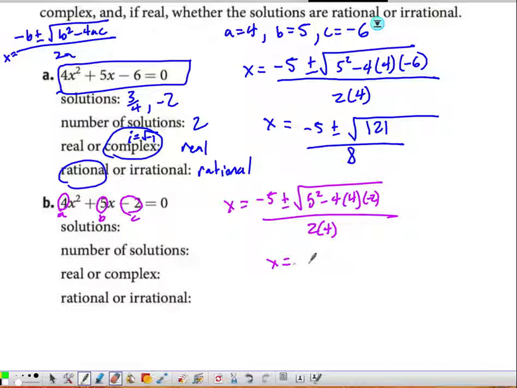Let's go ahead and simplify this. We have -5 plus or minus square root 5 squared.